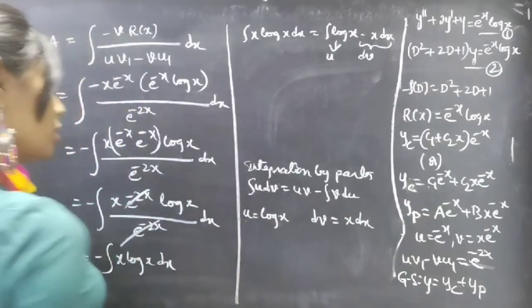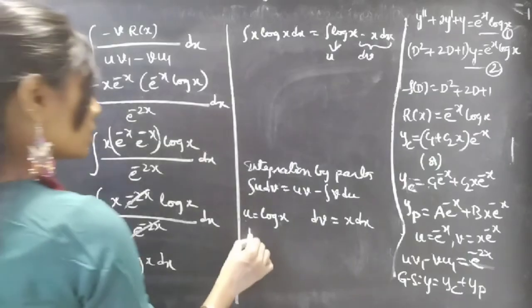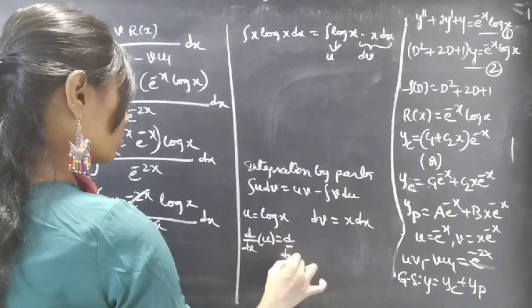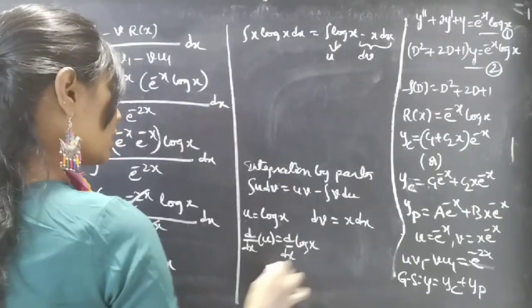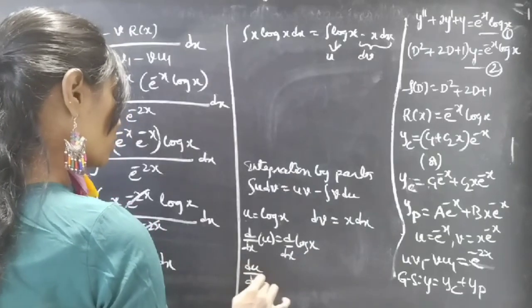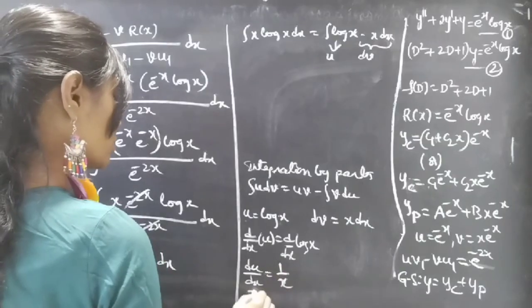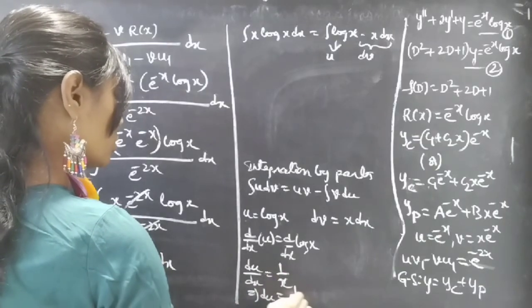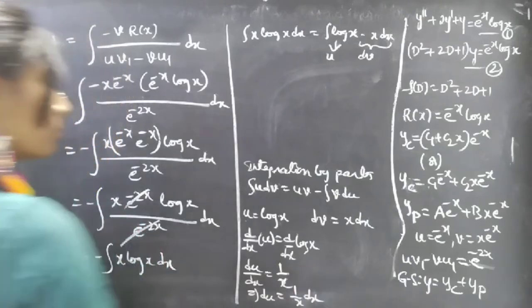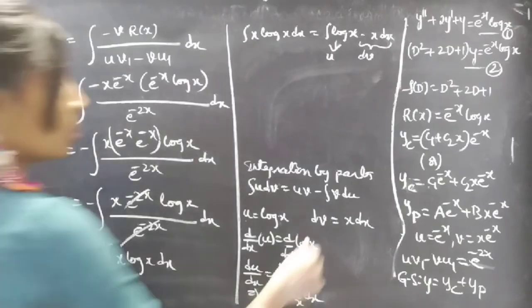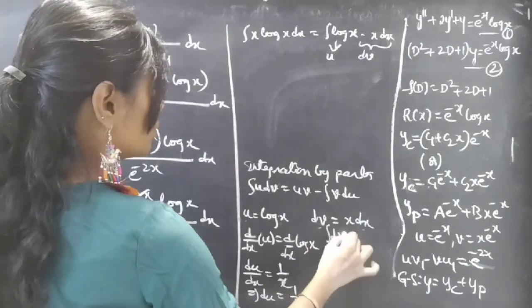So here differentiate on both sides with respect to x. We'll get du by dx equal to derivative of log x with respect to x, which is 1 by x. From this we'll get du equal to 1 by x dx, right? Now integrate on both sides to find v.